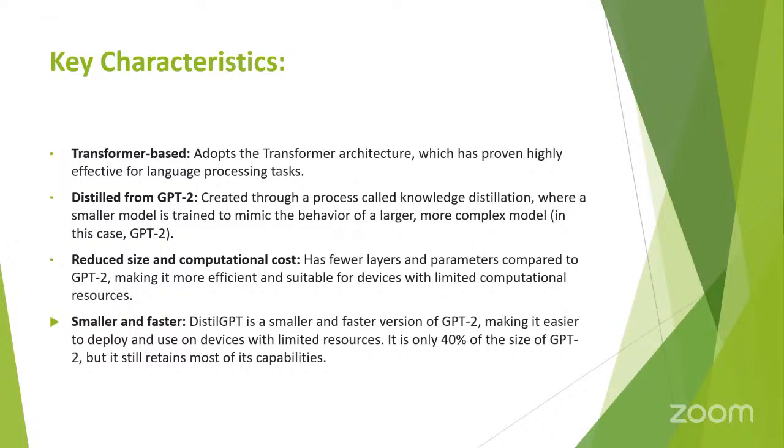DistilGPT-2 is trained on fewer parameters, so it extracts some features from the GPT-2 model and tries to behave like a GPT-2 model.